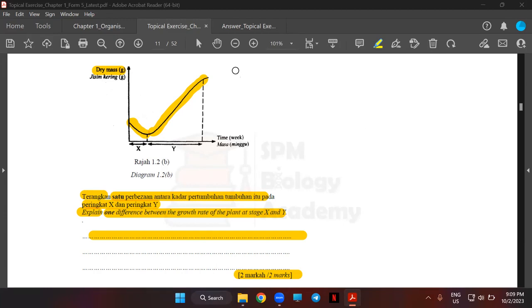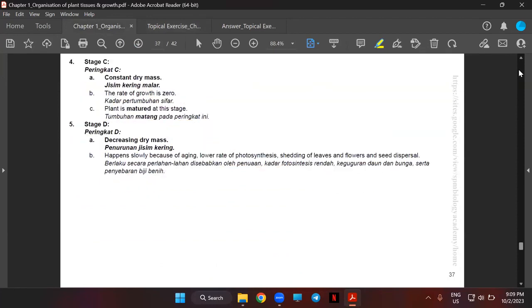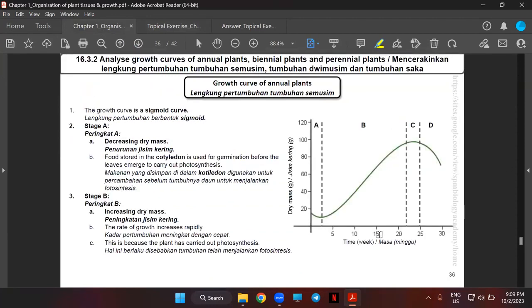Kenapa? Okay, let's find the answer from the note. Dia ada di sini. Okay, jawapan markah kedua ialah food stored in the cotyledon is used for germination. Makanan yang disimpan di dalam cotyledon digunakan untuk percambahan.